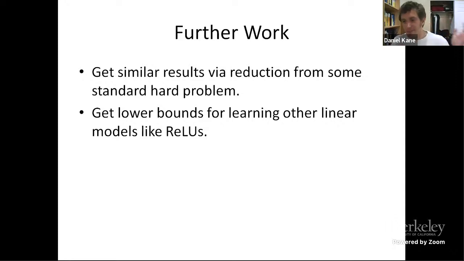And here we were able to get away with it because y was plus minus 1 valued. We have basically full support. But when you start looking at real valued functions, they tend to be supported on some measure 0 set, and it's very hard to get SQ lower bounds to work in that context.